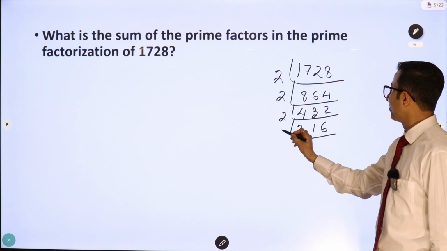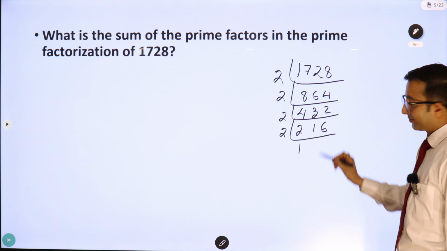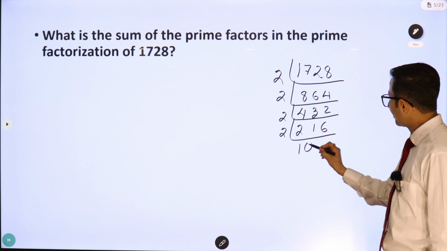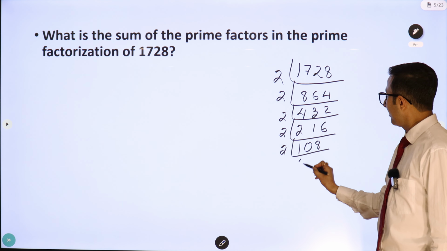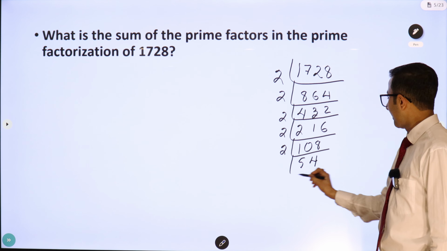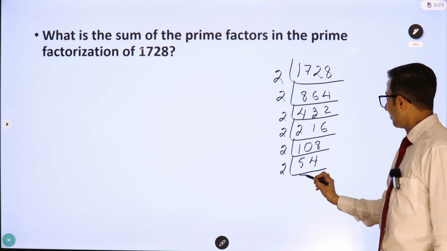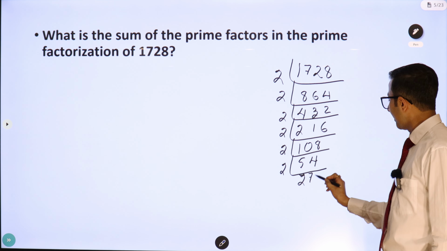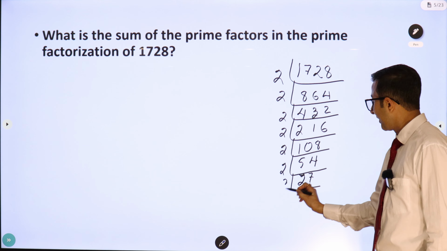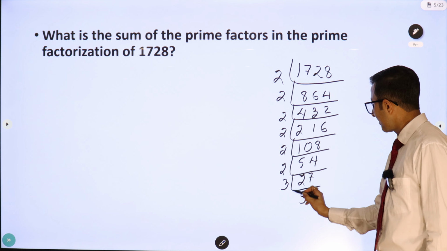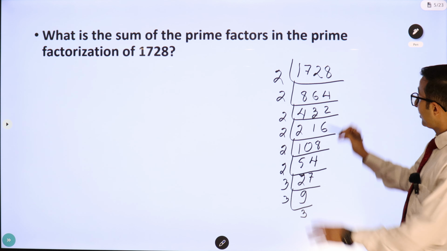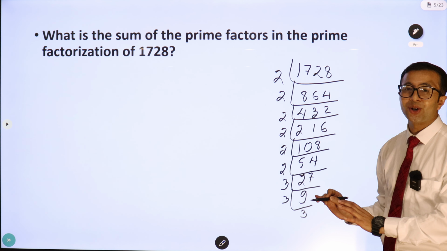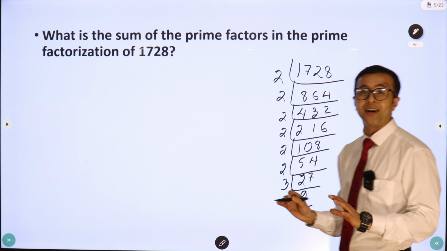Again with 2, 2 ones are 2, 2 cannot divide 1, so we put 0, 2 eights are 16. 2 fives are 10, 2 fours are 8. Again with 2, 2 twos are 4, 2 sevens are 14. Now with 3, 3 nines are 27, 3 threes are 9.